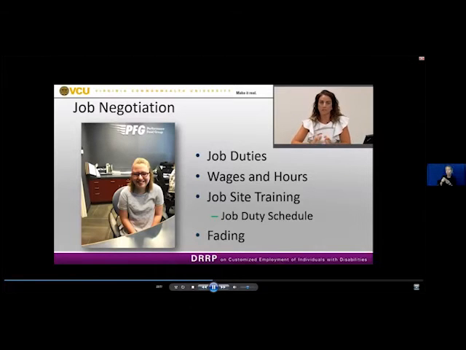And as she's getting more independent, I've slowly faded out from her. First we started with fading out just while I was on the job site, and she was doing it by herself, and she would check in with me after each task. And then I come in later into Performance Food Group, and she would start off her shift by herself.